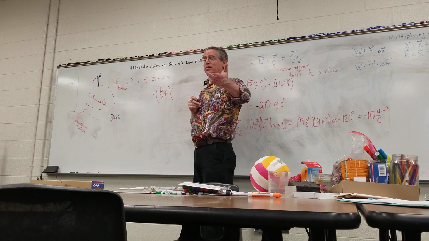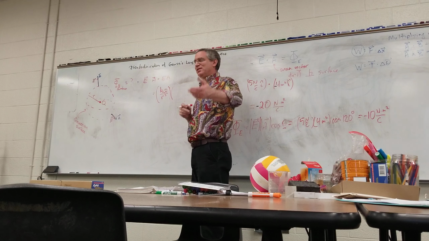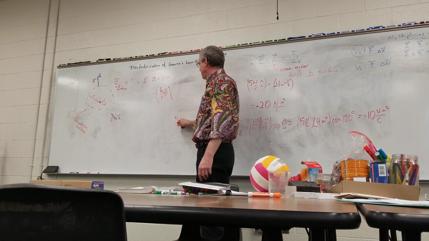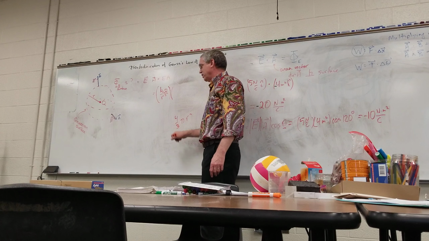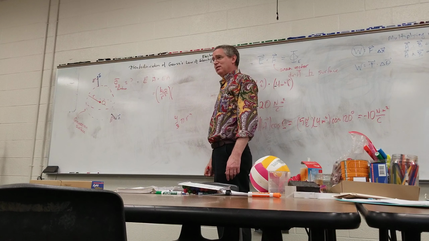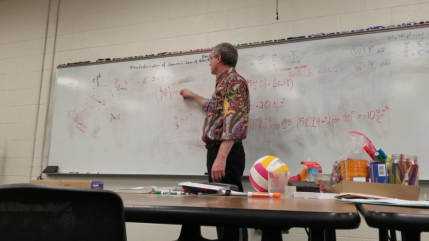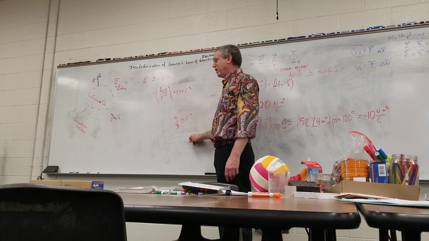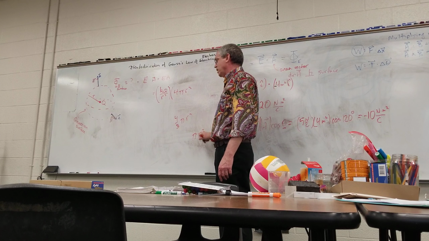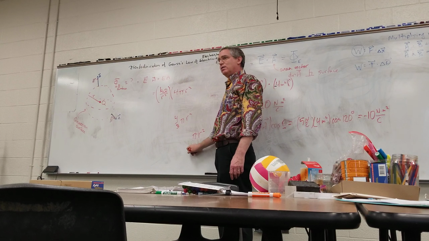For those who haven't had calculus, sorry about that. If you take the area of a circle, pi r squared, and take the derivative with respect to r, what do you get?